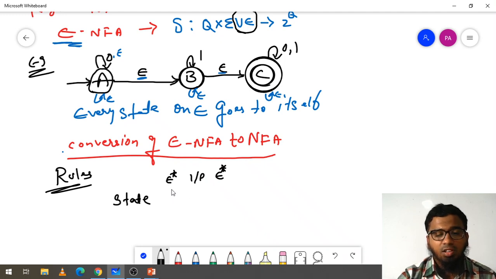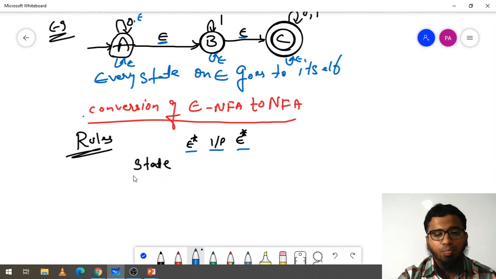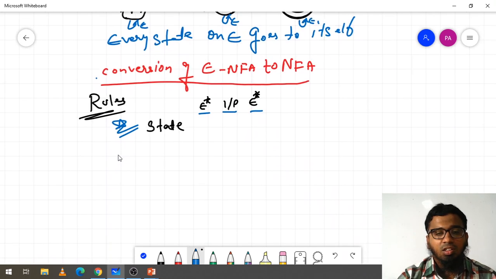So first epsilon closure, then input, whatever the input 0 or 1, after that epsilon closure, and here the state. So this is an important rule. Based on this we can design the state table.